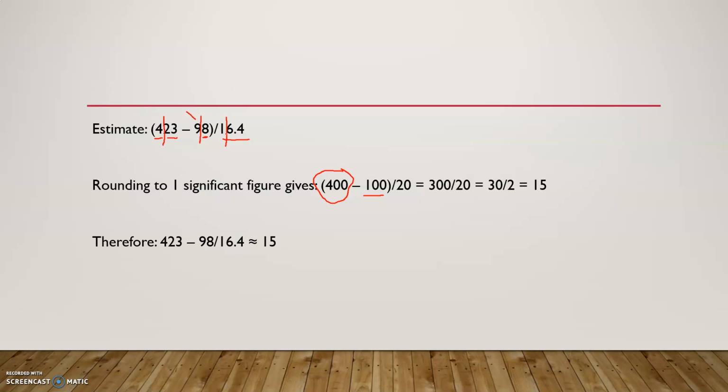After that, we look at the next digit, which is 6, more than 5. Hence, we round up this 1 to 2. So that'll be 2, and we make the rest of the digits 0. So we'll have 20. Please bear in mind, when rounding to significant figures, any decimal places we ignore.